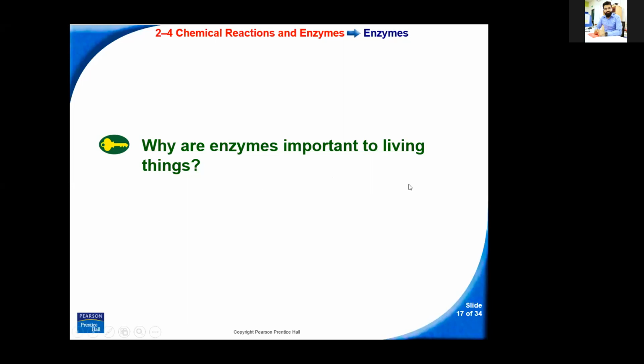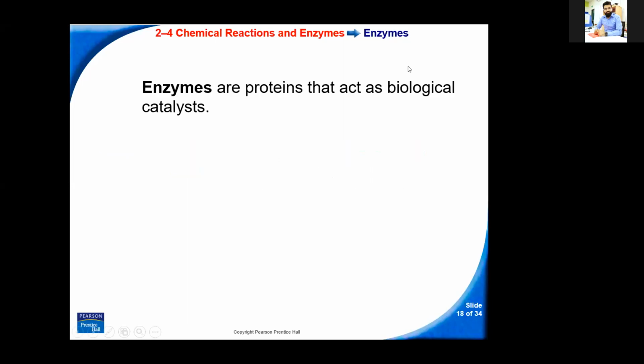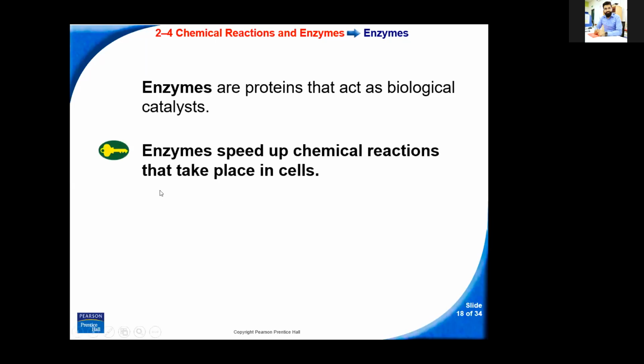That's why enzymes are important, that act as a biological catalyst. And as we said, enzymes speed up chemical reactions that take place in the cells. Enzymes act by lowering the activation energy.